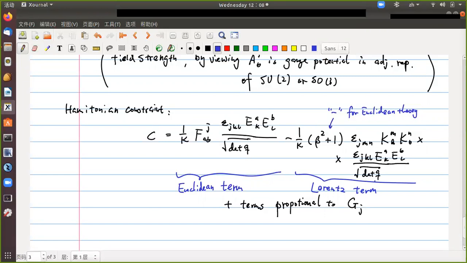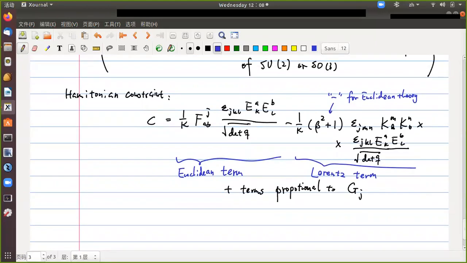It causes some complication, but manageable. But if you use a complex Ashtekar connection, it's really not manageable. At least it's an open issue. Nobody can quantize the complex Ashtekar variable satisfactorily.